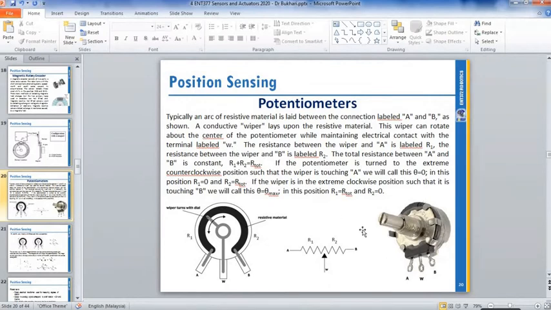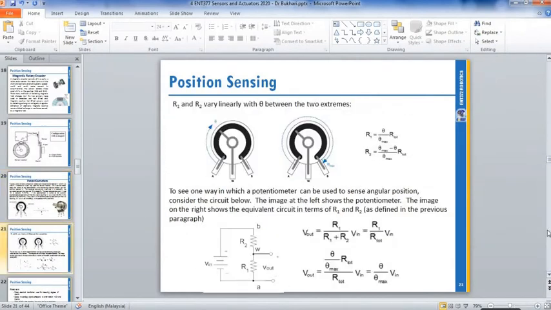And then how we relate the mechanical to electrical? So this is the formula how we relate. If you want to find R1, it equals to theta.